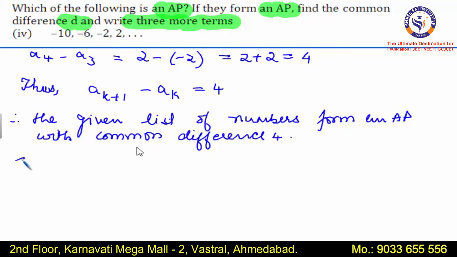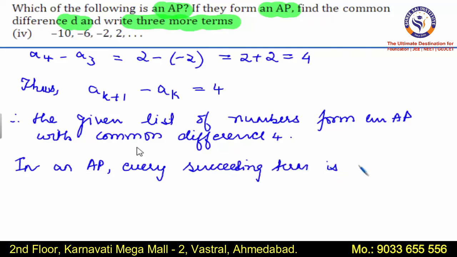Now we know that in an AP, every succeeding term can be obtained by adding the common difference d to the preceding term.